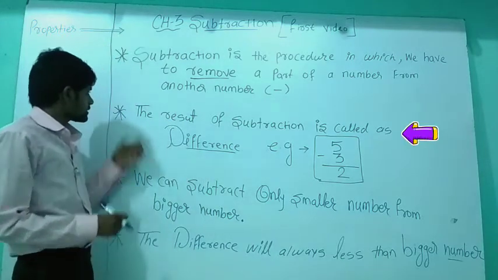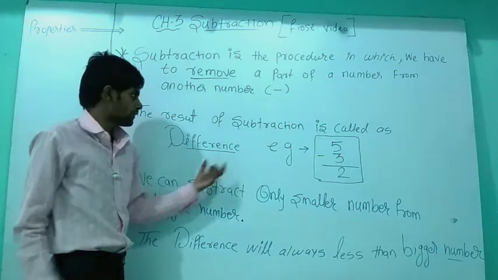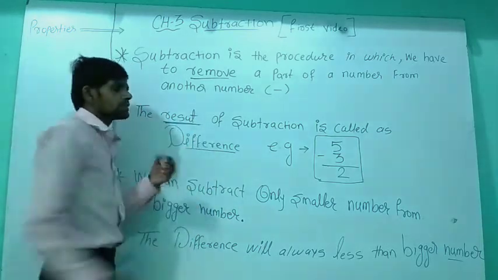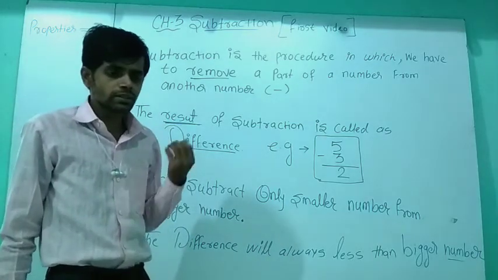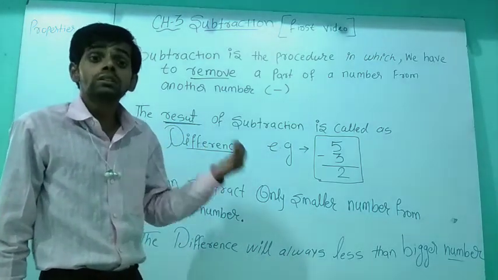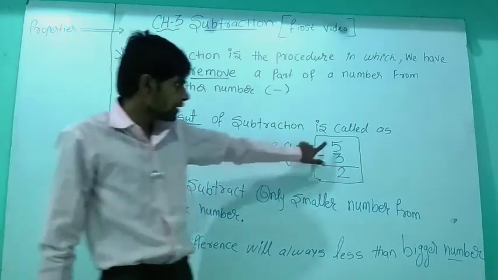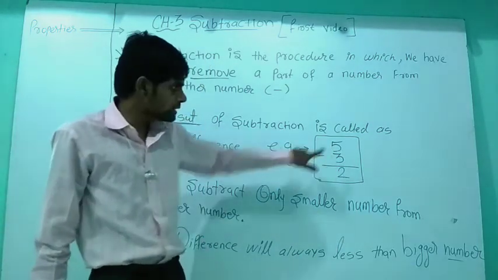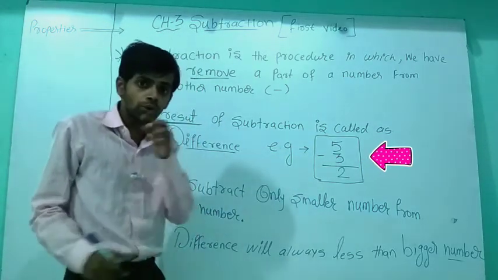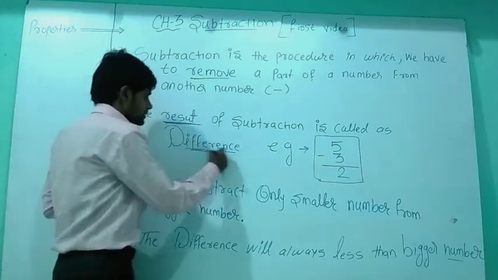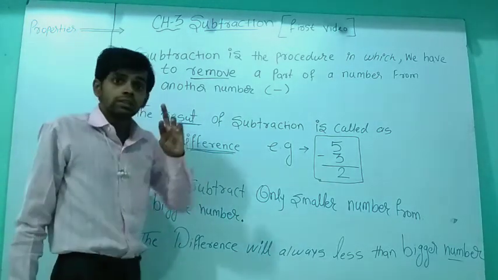Now let us understand the second property. The result of subtraction is called the difference. Let us suppose that somebody is saying find out the difference between two numbers. हमारे पास 2 numbers हैं, 5 and 3. We have to find the difference. डिफरेंस किसको बोलेंगे?